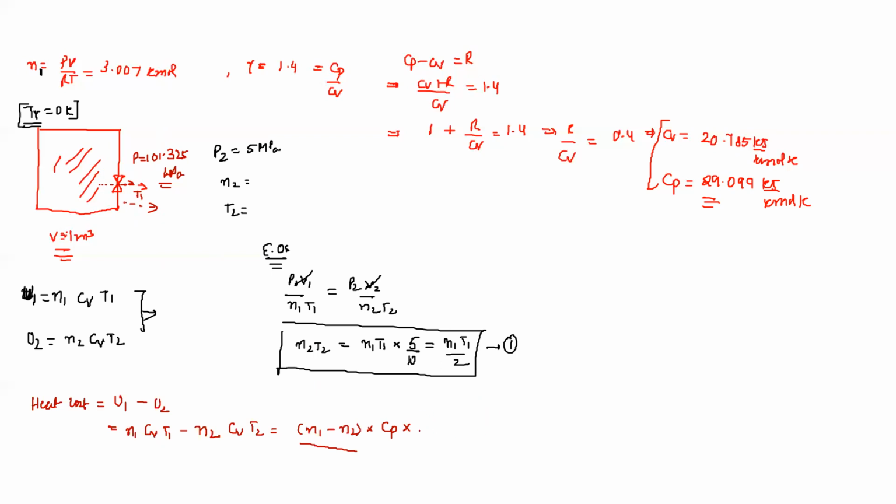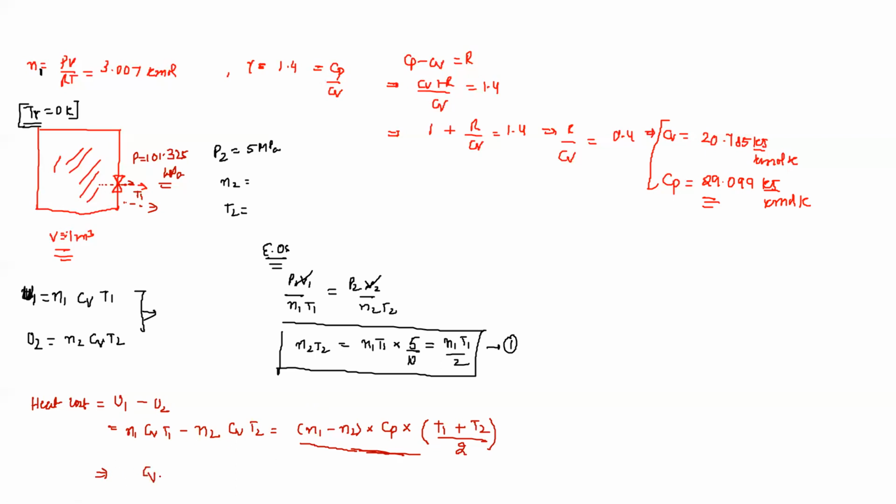So overall the moles will come out at an average temperature of T1 plus T2 by 2. This is a very important thing. Since each mole is going to come out at a temperature between T1 and T2, we'll take an average temperature and say that all the moles are coming out at that particular temperature. All right. So on the basis of this, we can form our equations.